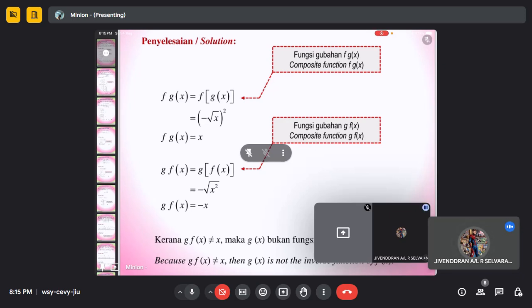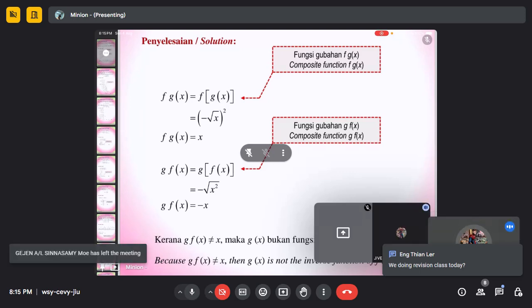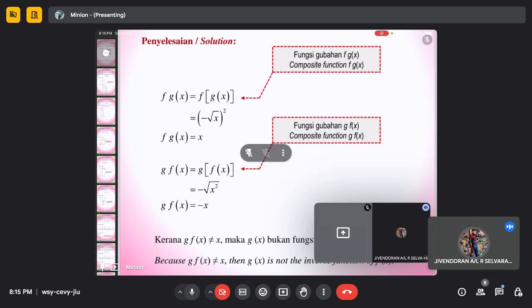And then they also asked us to find g(f(x)). So g of f(x), and the question has given us both g(x) and f(x), so we can put it inside, then we'll get negative square root x squared. g(f(x)) equals negative x. And then since g(f(x)) is not equal to x, because f(g(x)) is x, that means g(x) is not the inverse function of f(x).